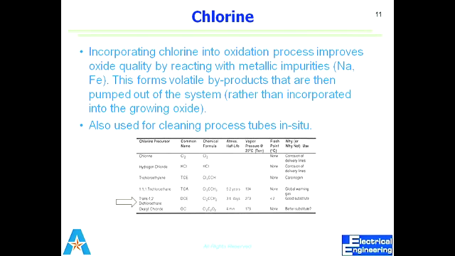And if we look at this table, you can see that there are different chlorine precursors or different sources that can be used or that have been used. But some of those have their drawbacks. That's why we cannot use them. So I'll talk briefly.